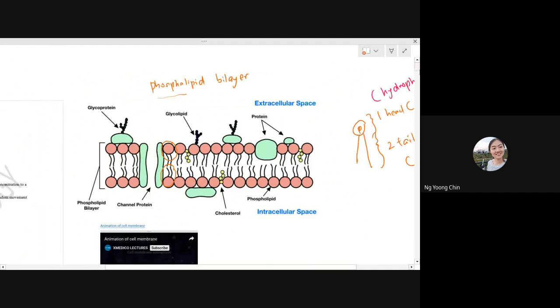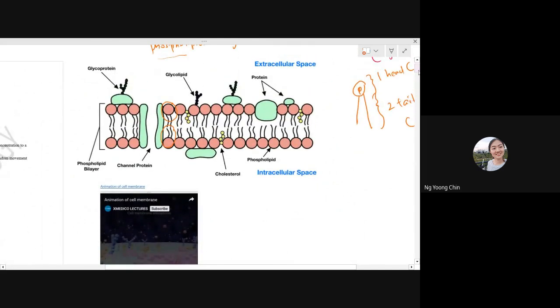So as you can imagine, this is the cell membrane of the cell. This is a cell, this is the nucleus, and this is the cytoplasm, right? The cell has an inside and also an outside. When you enlarge this cell membrane, it will look something like this.